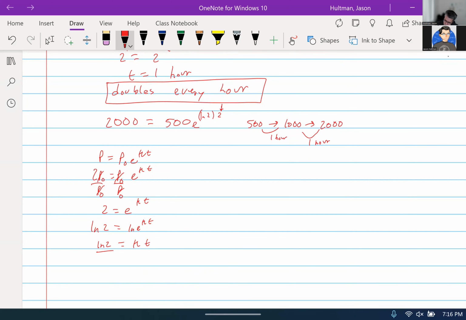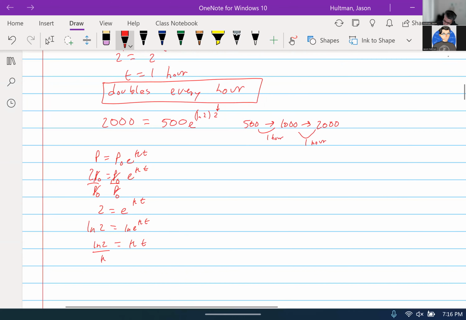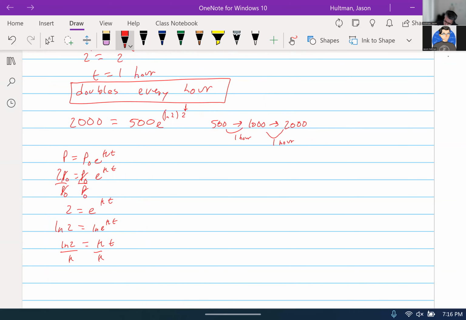And so if you can figure out what your exponential growth rate k is, then your time is just equal to natural log of 2 over k. That's kind of a nice little result. We really didn't need to know what P naught or P was in order to get the doubling time. We just need to know what k is.